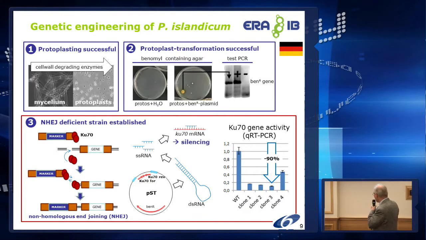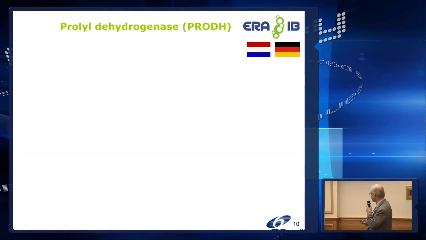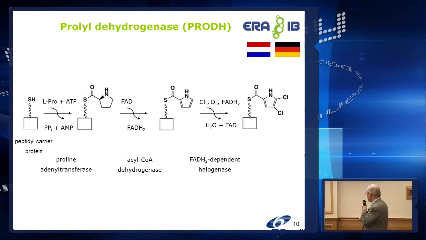And this was done, so now we can start to create the knockouts. And so we can now see what the individual genes are really doing, whether they are really involved in the biosynthesis of cyclochlorotine.